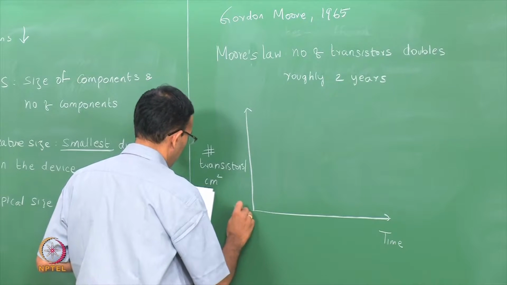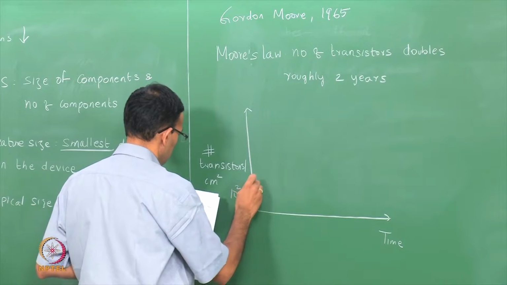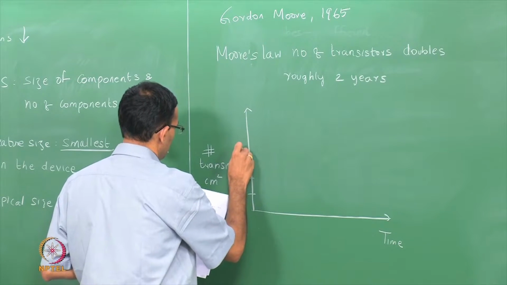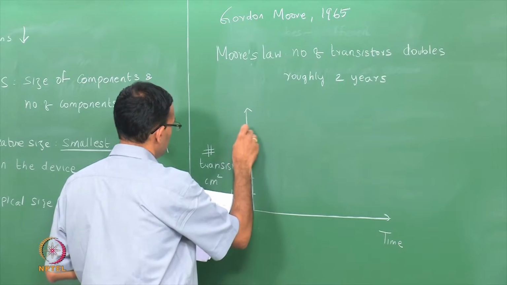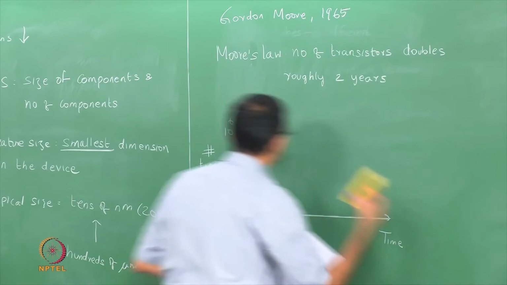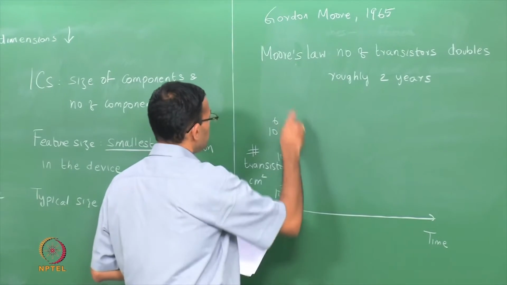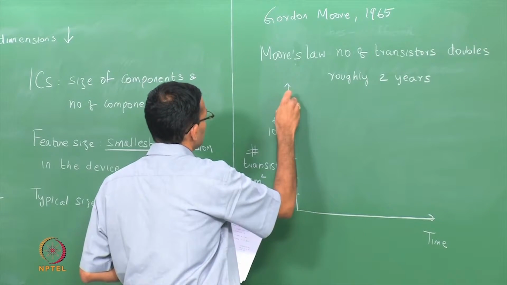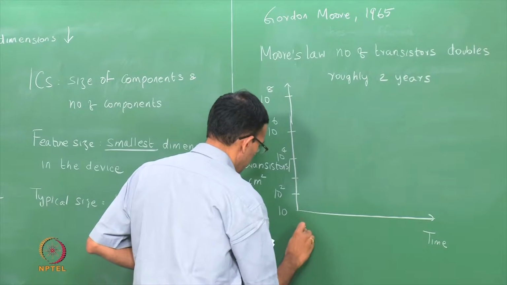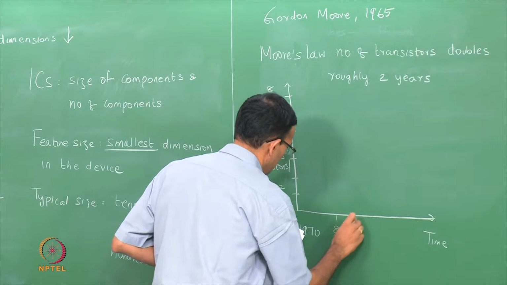So on the y axis it is a log scale, 10 to the 3, 4, 10 to the 6. Let me just expand the scale a bit. 10 to the 8, starting from 1970, 80.